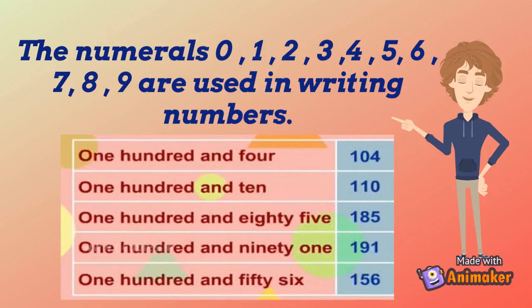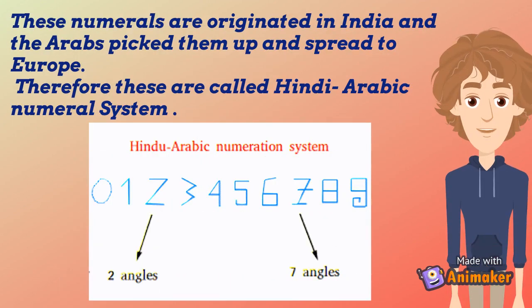The numerals 0, 1, 2, 3, 4, 5, 6, 7, 8, 9 are used in writing numbers. These numerals originated in India, and the Arabs picked them up and spread them to Europe. Therefore these are called the Hindu-Arabic numeral system.